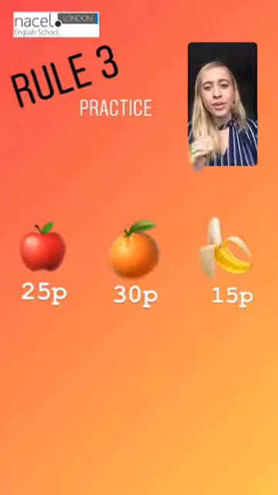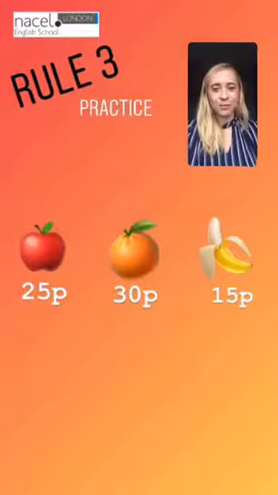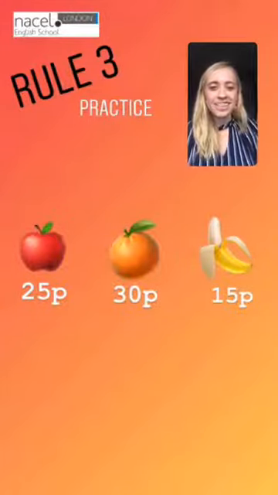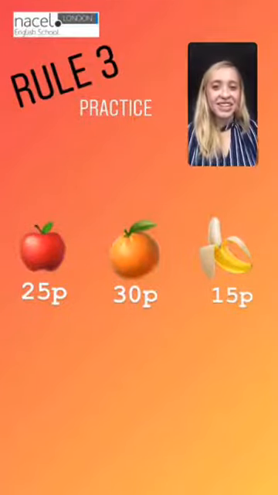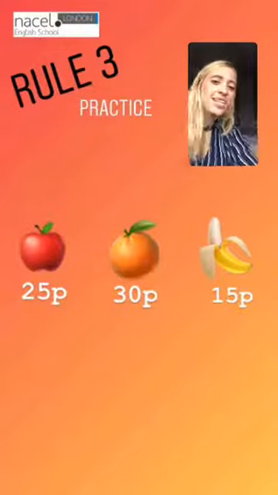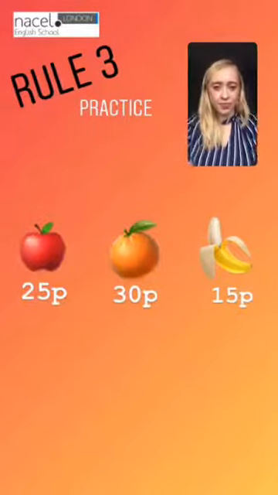You have an apple, an orange, a banana, and the cost of these fruits. The apple is 25p, the orange is 30p, and the banana is 15p. What is your adjective and what is your superlative sentence?